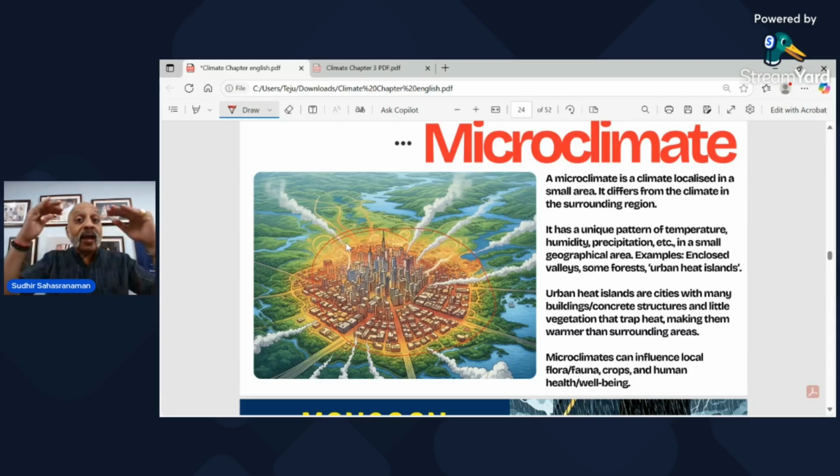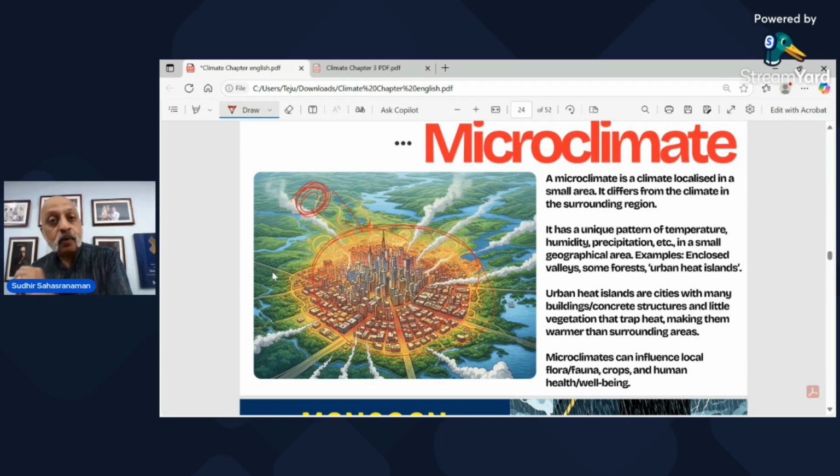That part, the microclimate will be lower. In the same way, Teju's university was 25 kilometers from the city, so the microclimate there was lower. Her university would be located somewhere here, so her temperatures would be significantly lower compared to the main city. You're getting my point? I've explained it with the help of an example.